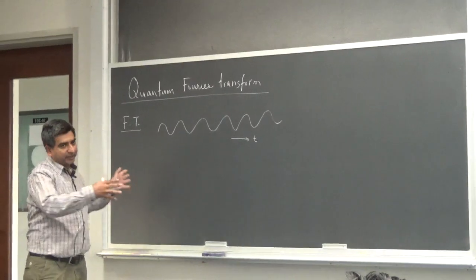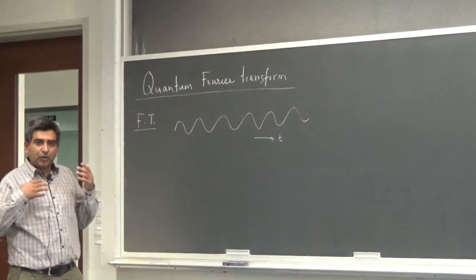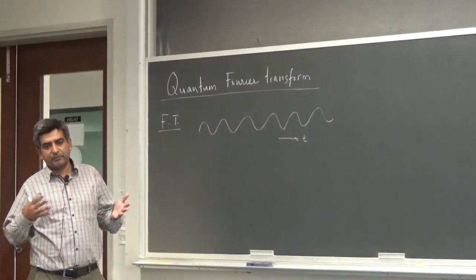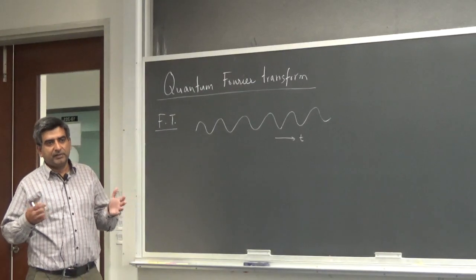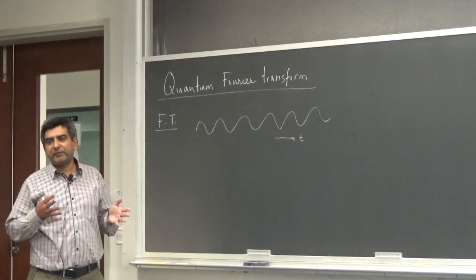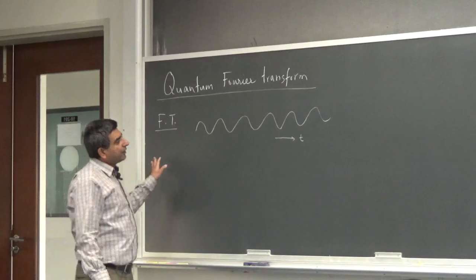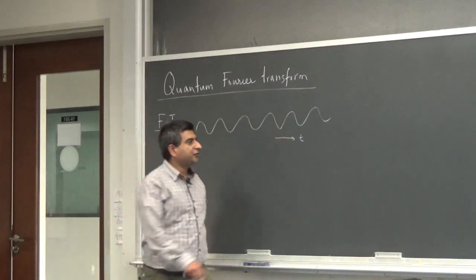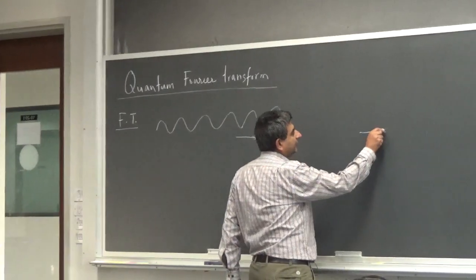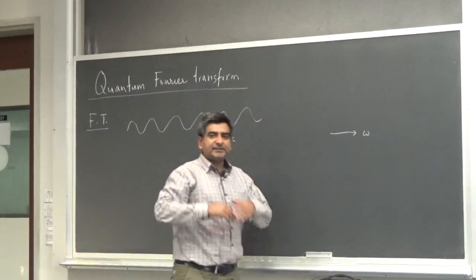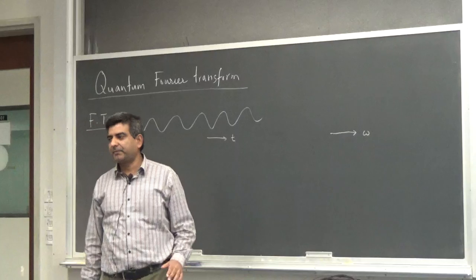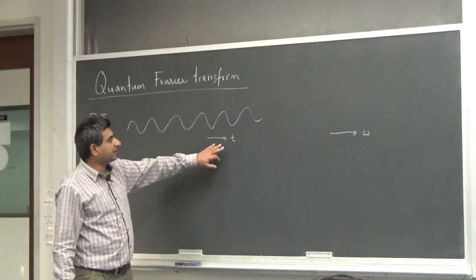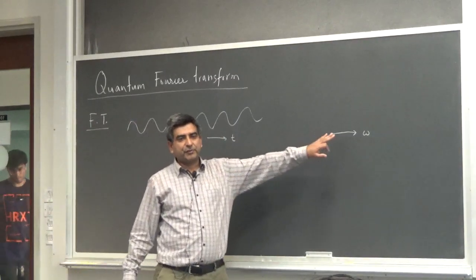And if it's periodic, then it means it also has a certain frequency content. Aperiodic signals also have frequency content. So the Fourier transform takes a signal living in one domain and transforms the signal or represents the signal in some other domain. For example, you could move from the time domain to the frequency domain.